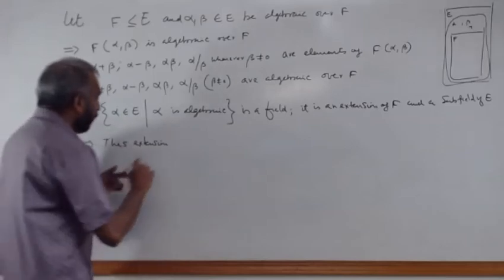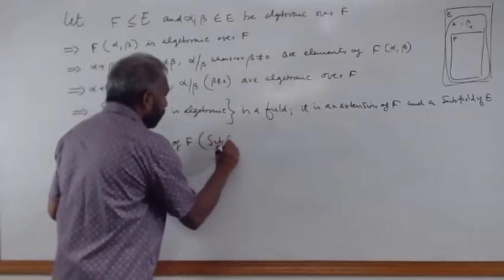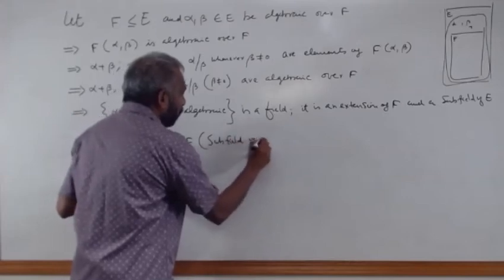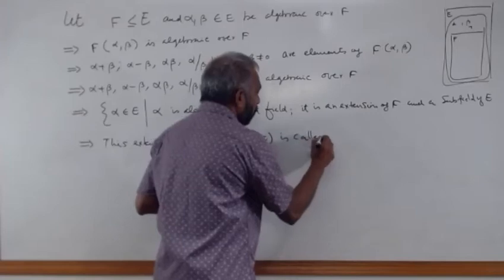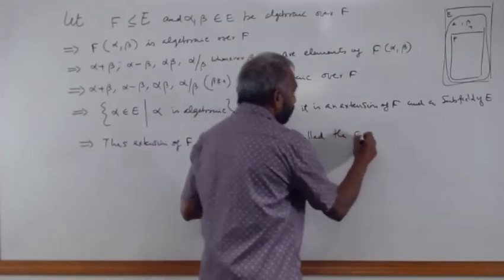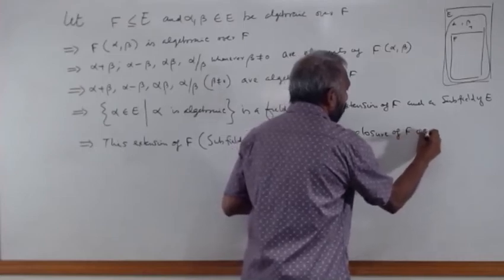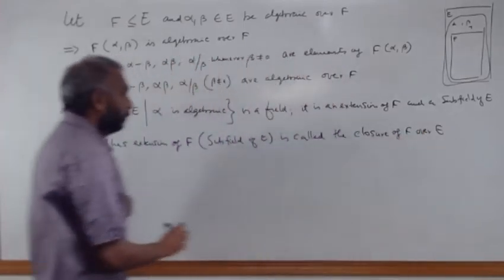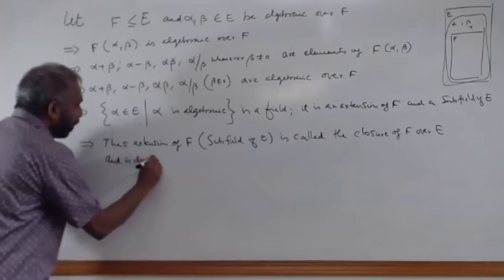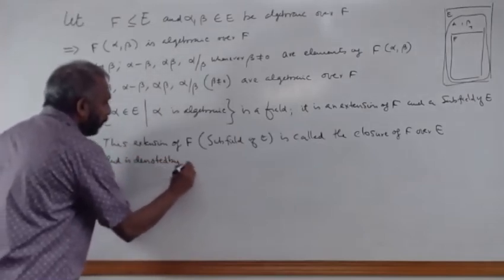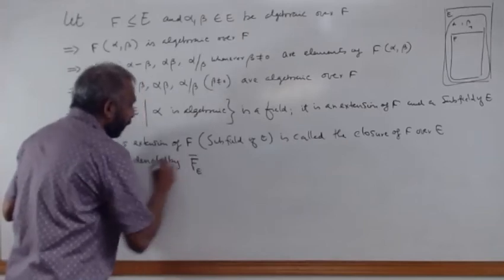this extension of F or subfield of E is called the algebraic closure of F over E, and is denoted by F E bar.